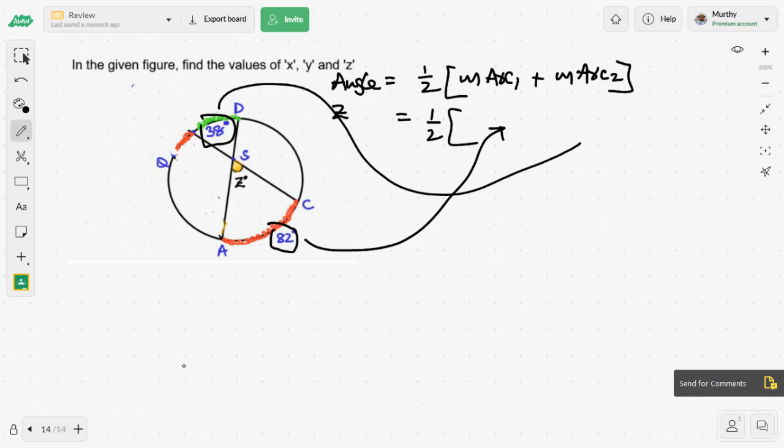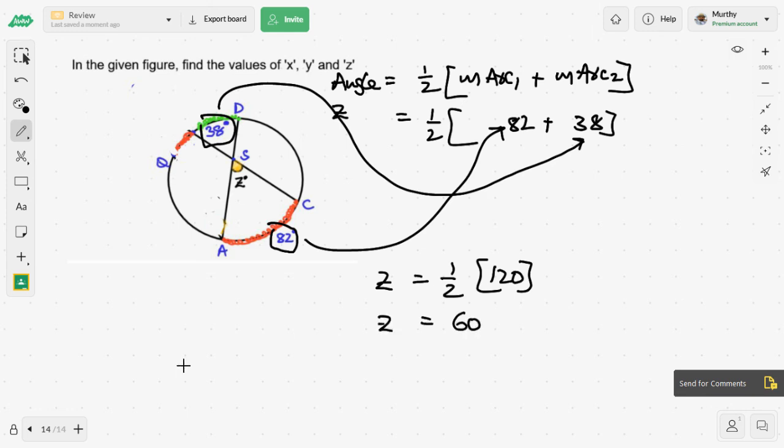These are the values arc 1 and arc 2, which are 82 and 38. So just sum up, Z equals half of 120. Wow. So measure of Z equals 60.